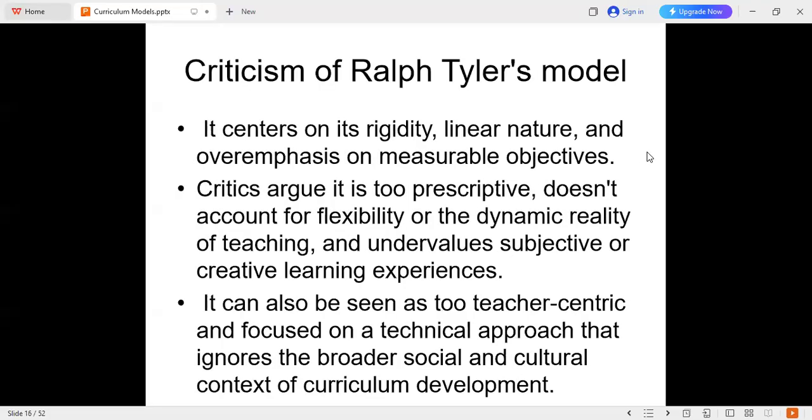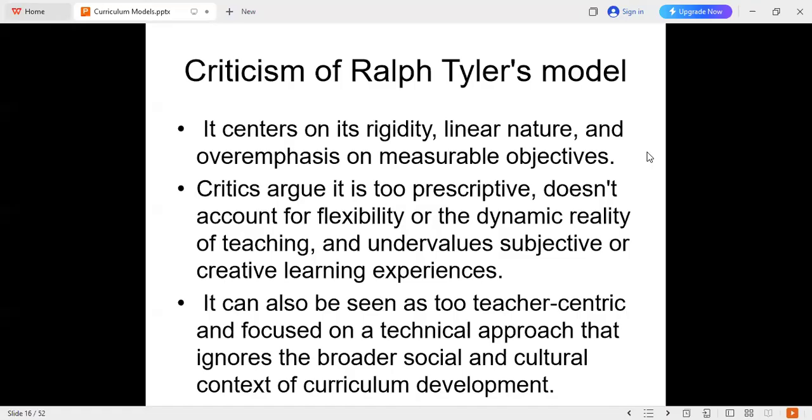But one limitation I mentioned, there are more. In Taylor's model, student assessment is always at the last, which is one identified weakness.